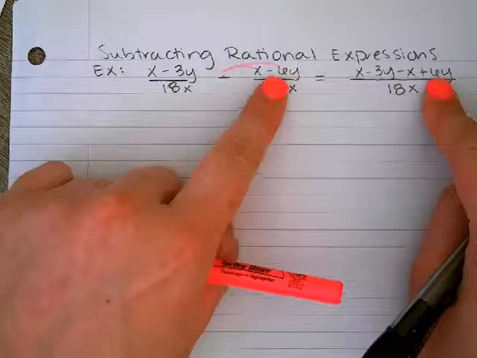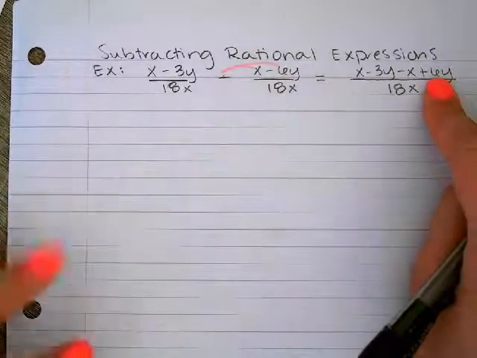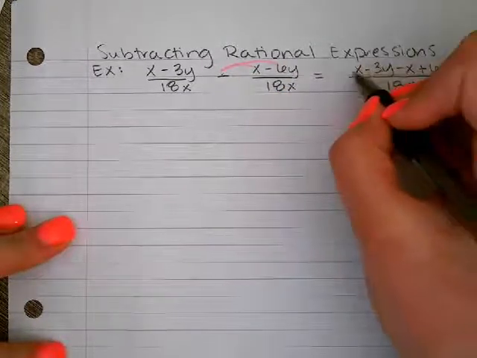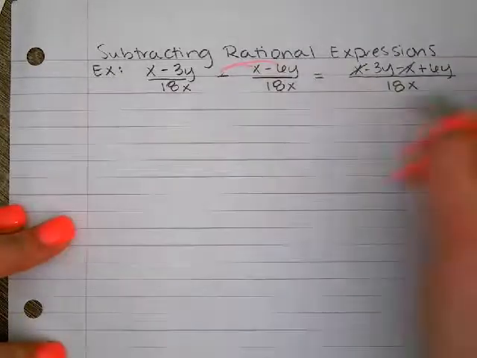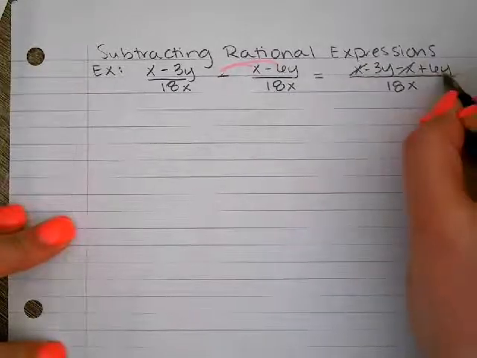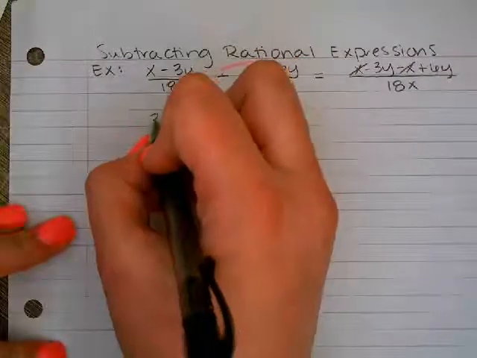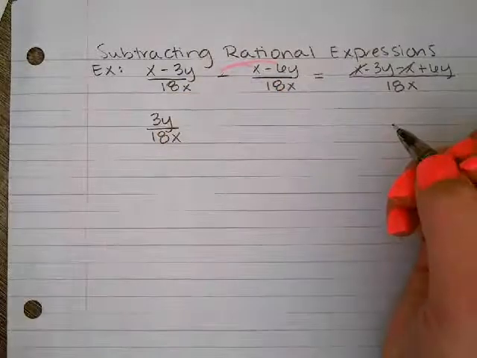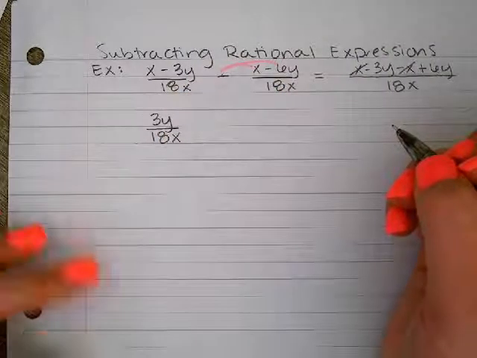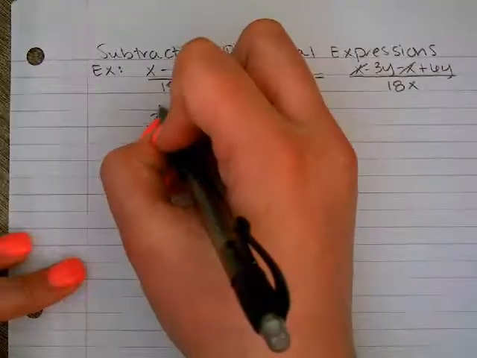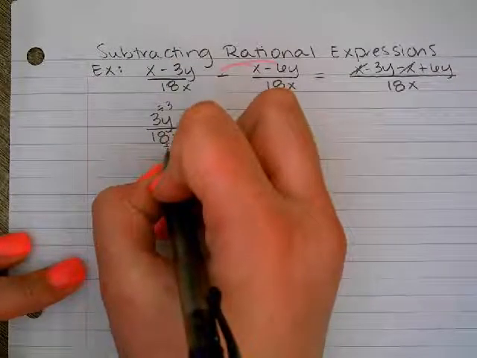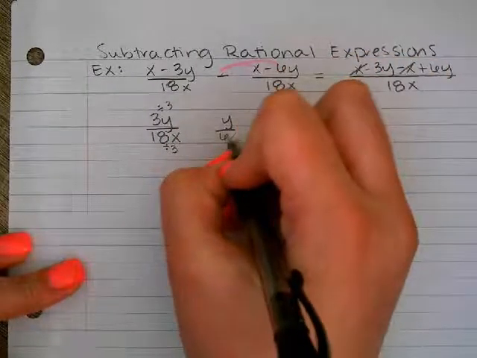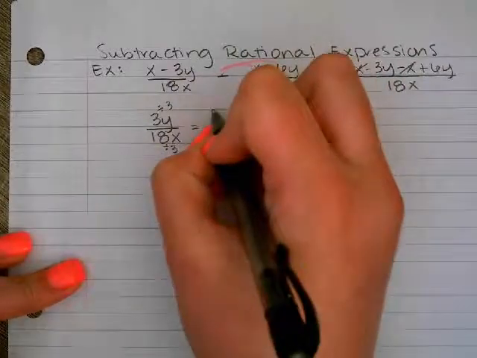Now I can combine my like terms. x and negative x cancel out, and I've got a negative 3y and a positive 6y. That gives me 3y over 18x. The 3 and the 18 can reduce: 3 divided by 3, 18 divided by 3, and I end up getting y over 6x as my answer.